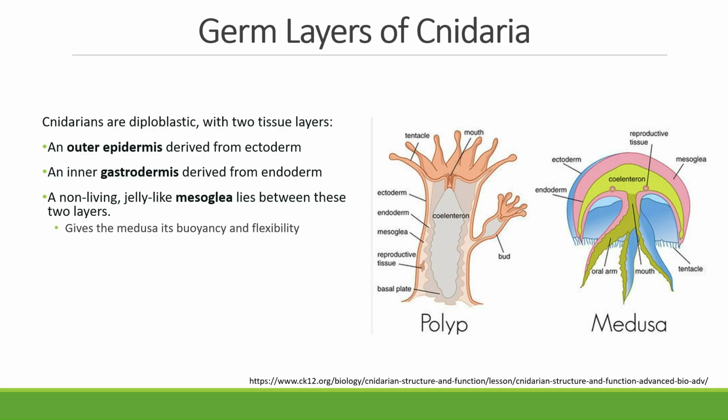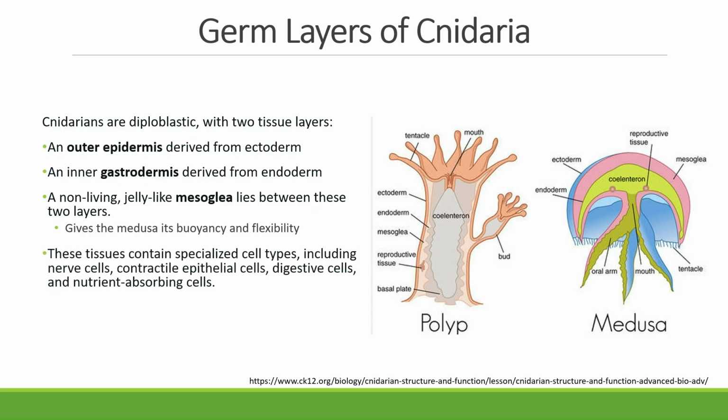Sandwiched between these two living layers is a thick, non-living, jelly-like substance called the mesoglia. This mesoglia gives the medusa its buoyancy and flexibility, and it acts as a simple skeleton in the polyp.